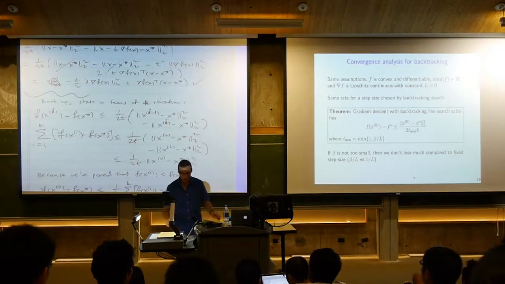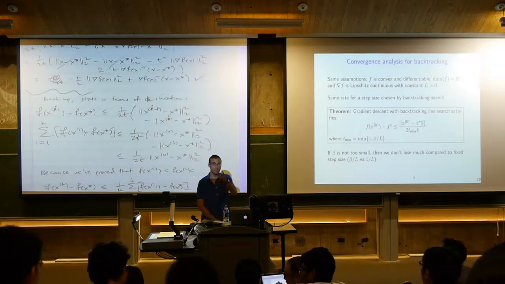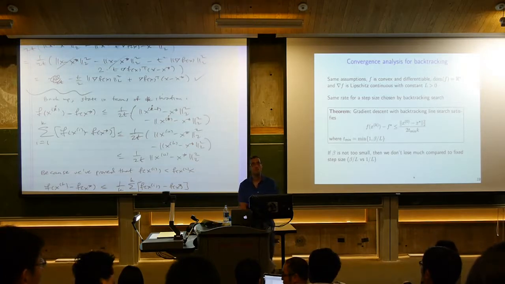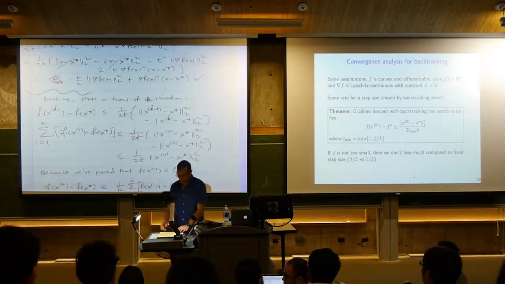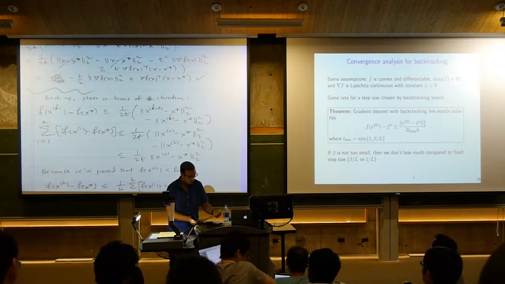Were there any questions about the proof? Could you explain why the f of x plus one is smaller than the previous one? Sure. So this property here came from the fact that we chose the step size to be small enough.